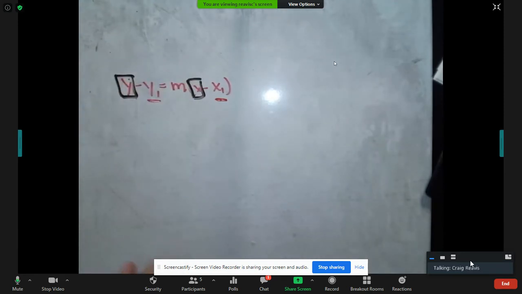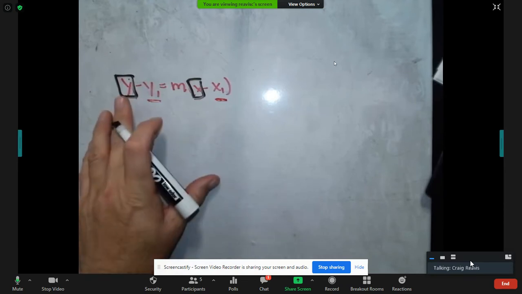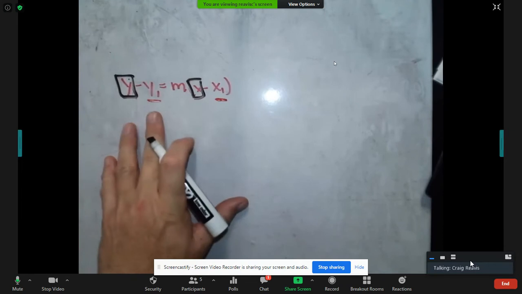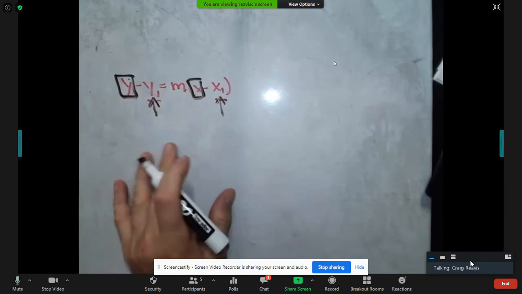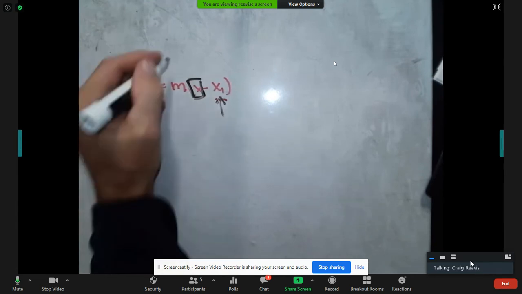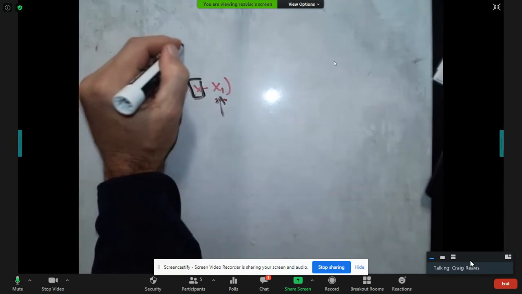Remember, for an equation we have to have an x term and a y term, unless it's vertical or horizontal. M is the slope. So this x and this y are going to stay x and y. We're going to fill in here and here. This represents the point on the line, and then m, like always, is the slope.